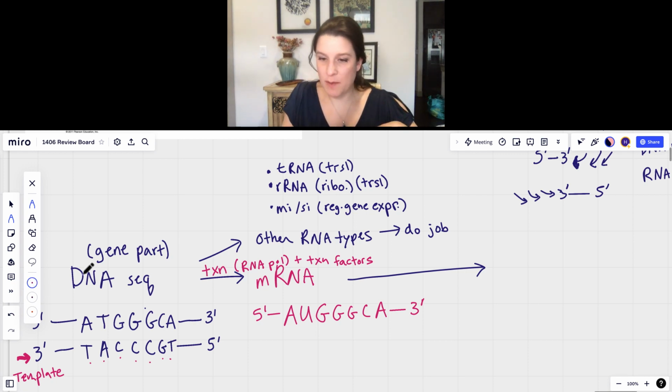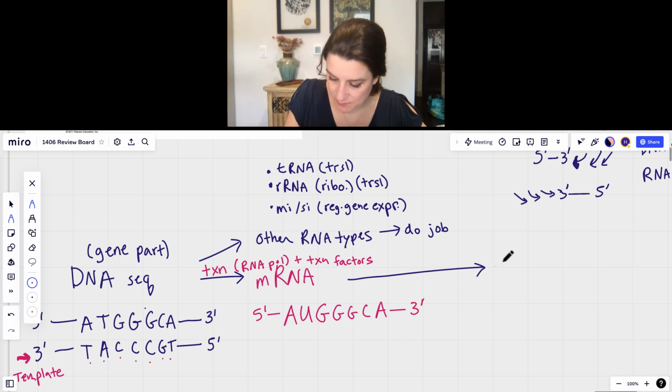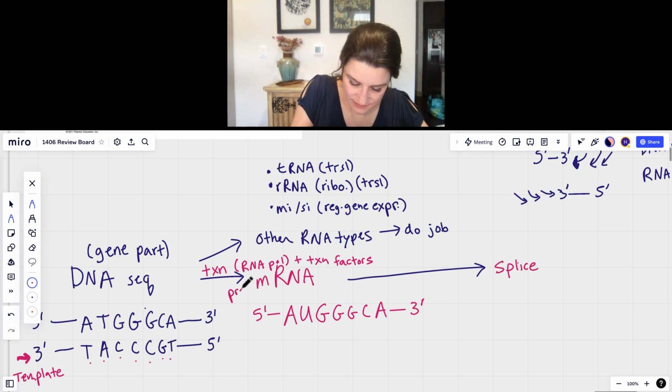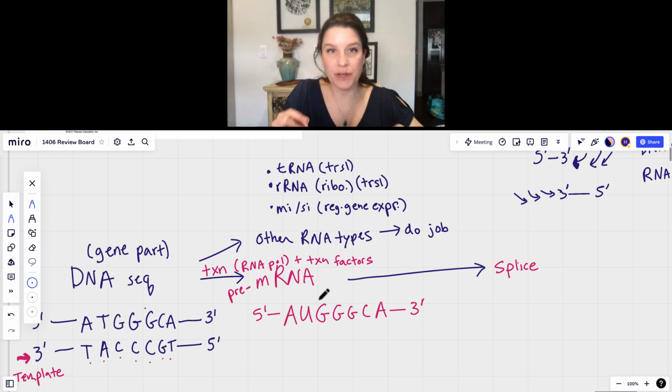So then we've got some mRNAs, though some genes code for mRNAs. So what's going to happen? Then we have, and really this is pre-mRNA. Let's get that correctly in eukaryote. So pre-mRNA meaning RNA before it's processed.